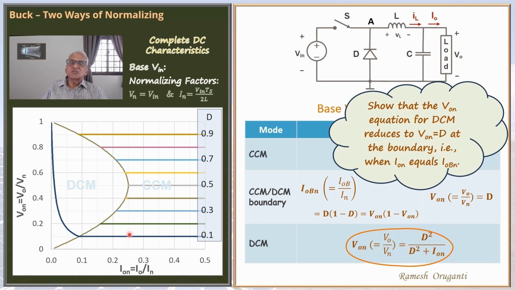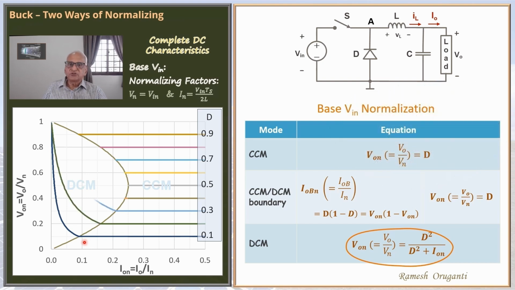So the output voltage will tend to go towards the input voltage value as the current is reduced. I can plot in a similar way for D equal to 0.2, 0.3, 0.4, etc. So this is the complete DC characteristics of the converter in graphical form using base V in normalization.